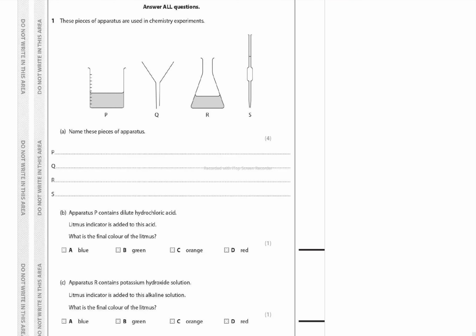Right. I will just name these as they are then. That is a beaker. Let me write it here actually. Beaker. This is a filter funnel, or I call it filter funnel. They'll accept just funnel. You have a conical flask, and that is a pipette.